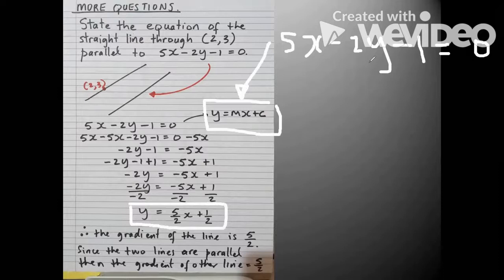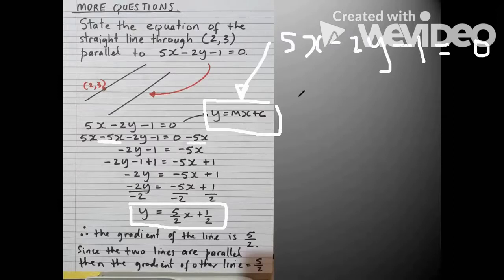So we don't need this 5x on the left hand side. So we're going to subtract 5x on the left and on the right. So you subtract 5x right here, and also you subtract it over on the right hand side.